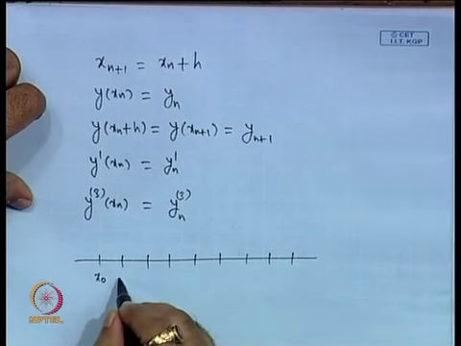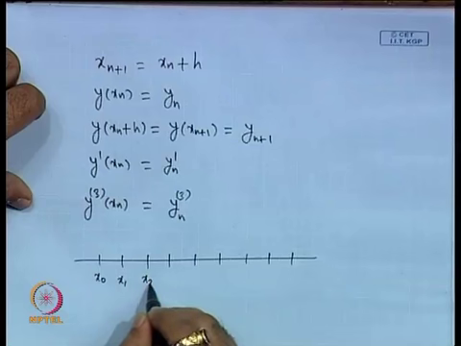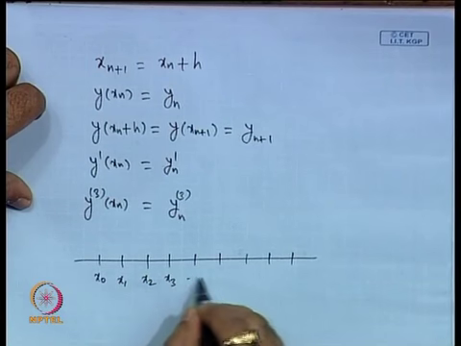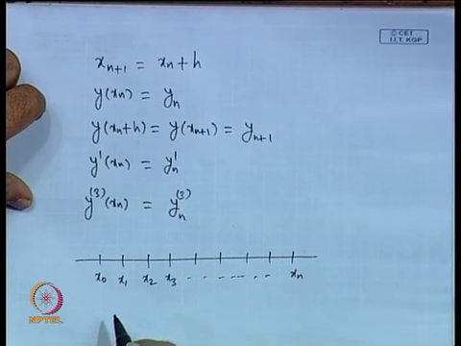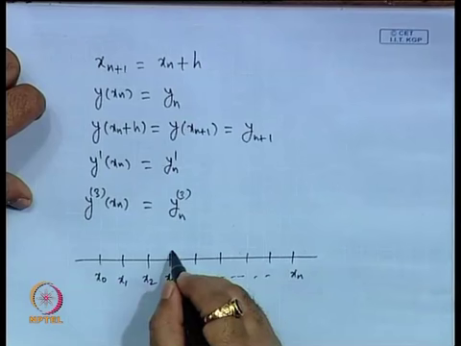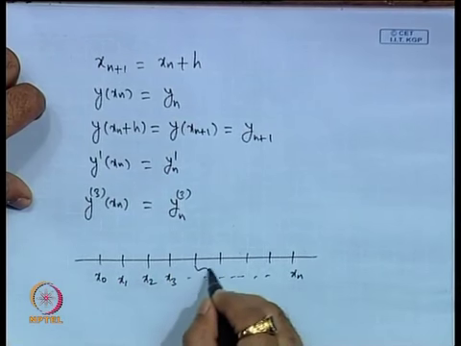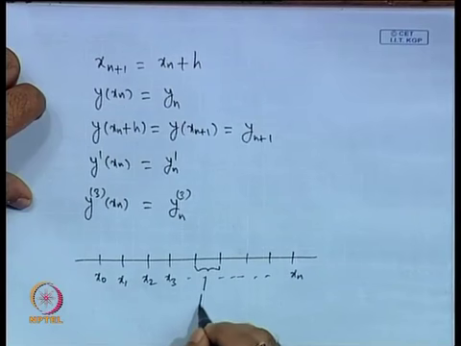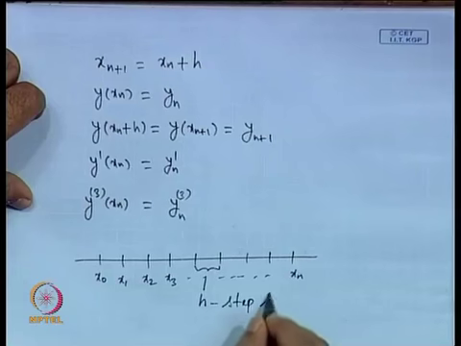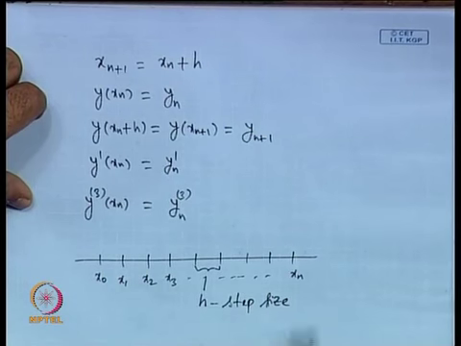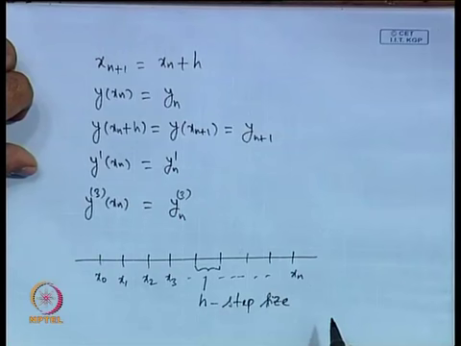This is x 1, x 2, x 3 and x n. Each of these is our h, the step size.